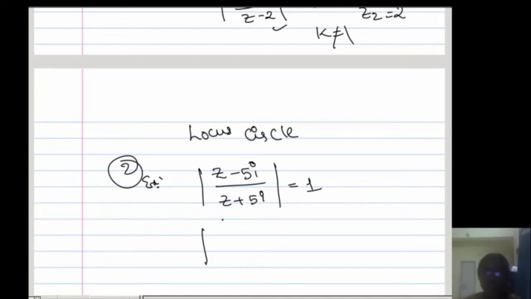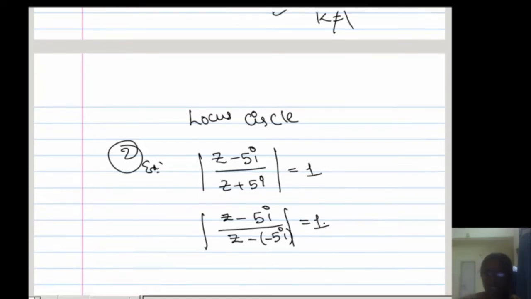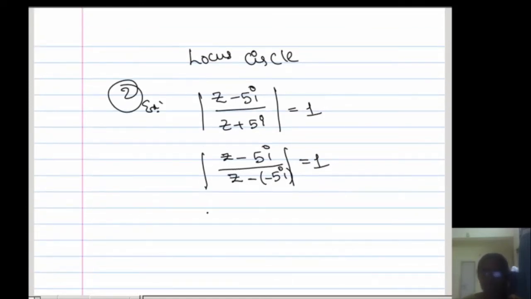Here z plus 5i can be written as z minus of minus 5i.